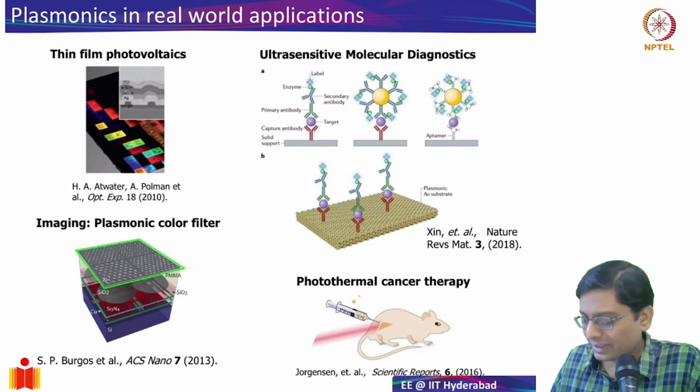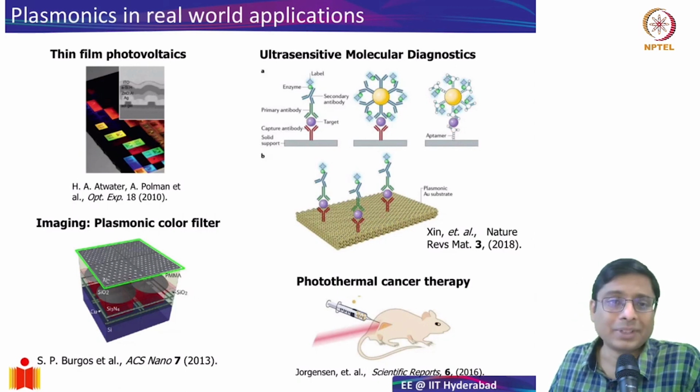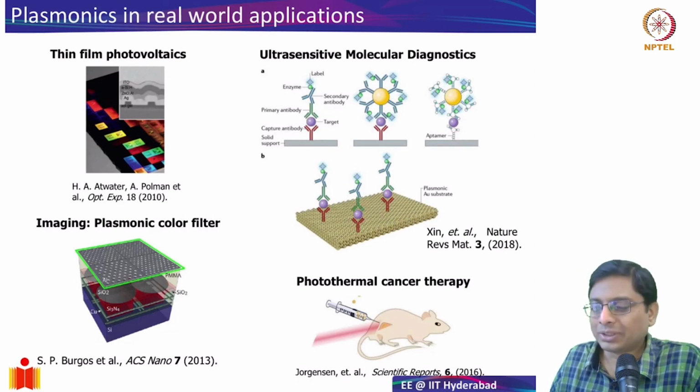Another application is basically in cancer therapy. We all understand cancer is very dangerous. One of the treatments is, let's say, chemotherapy, or even irradiation with high energy radiation, so that you kill the cancer cells. The problem is, if you irradiate, you're going to expose all of the body. It can kill the cancer cells, but it also kills the regular cells, which is not good.